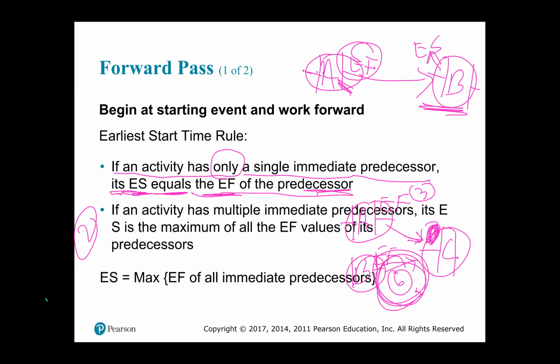So that's what rule 2 is saying, that if an activity has multiple immediate predecessors, its early start is the maximum of all the early finish values of its immediate predecessors. So think about that for a second.